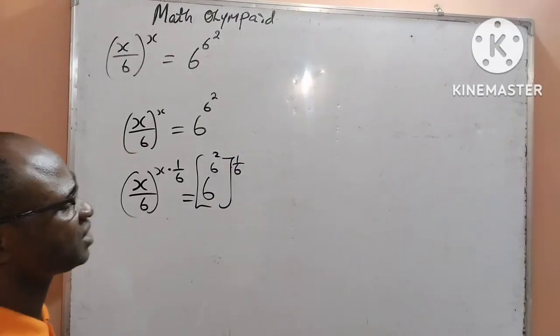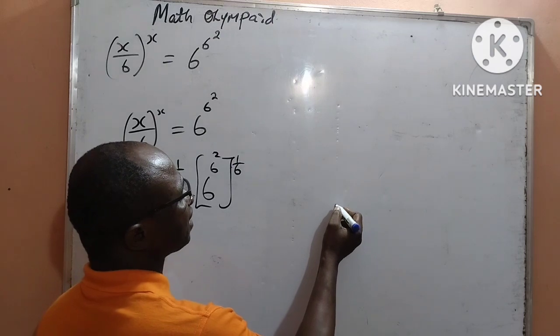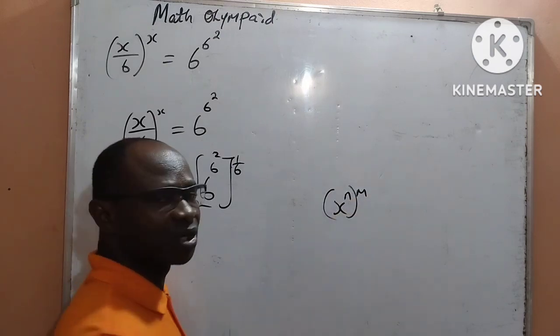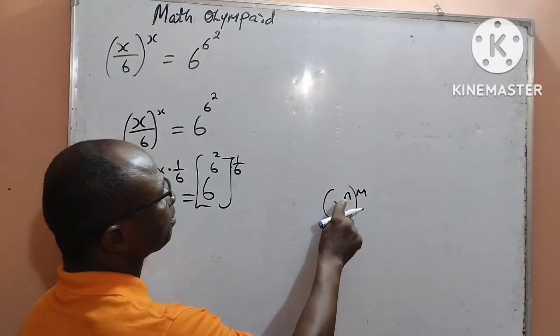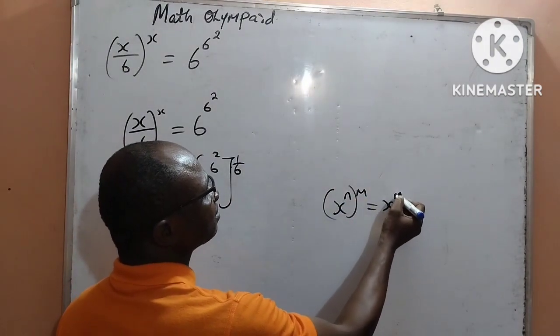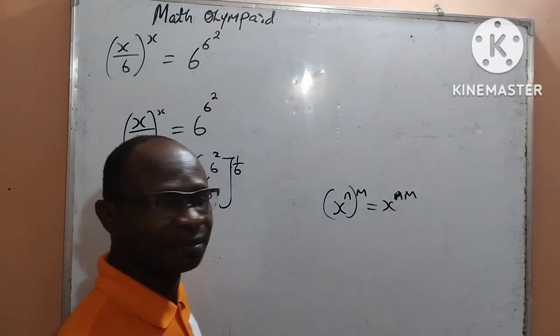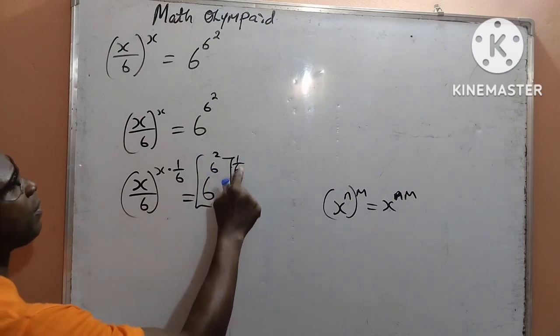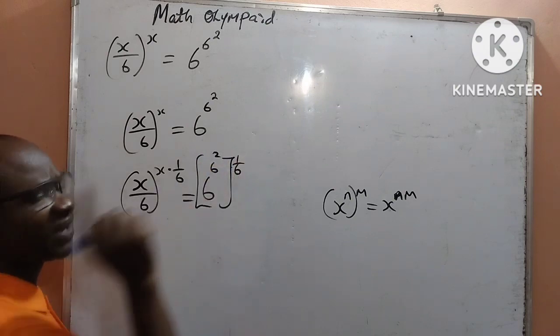By law of indices, if I have x to the power of m, all to the power of n, the powers will multiply and that will give us m times n. So what that means is that my 6 to the power 2 will multiply by 1 over 6.